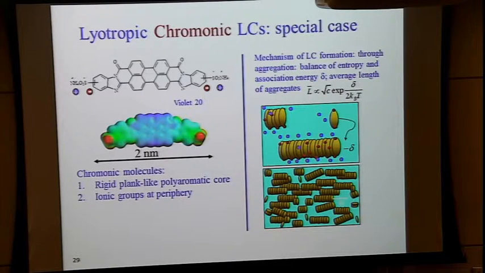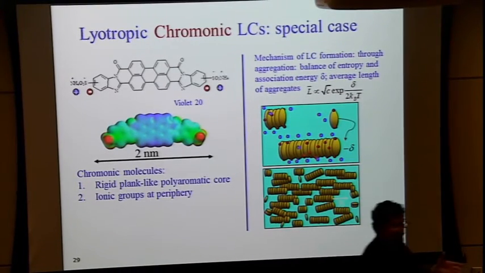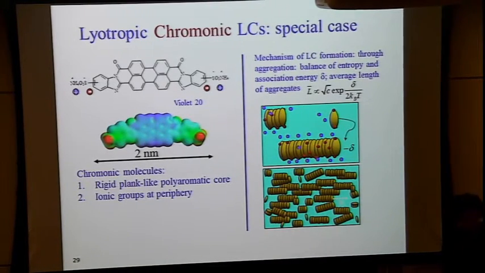The balance of this Coulombic attraction and the entropic desire of the positive ions to wander around leads to the electric double layer with a thickness that we call the Debye screening length. In this case, it's a few nanometers, comparable to the diameter of the molecules involved. Any other questions?